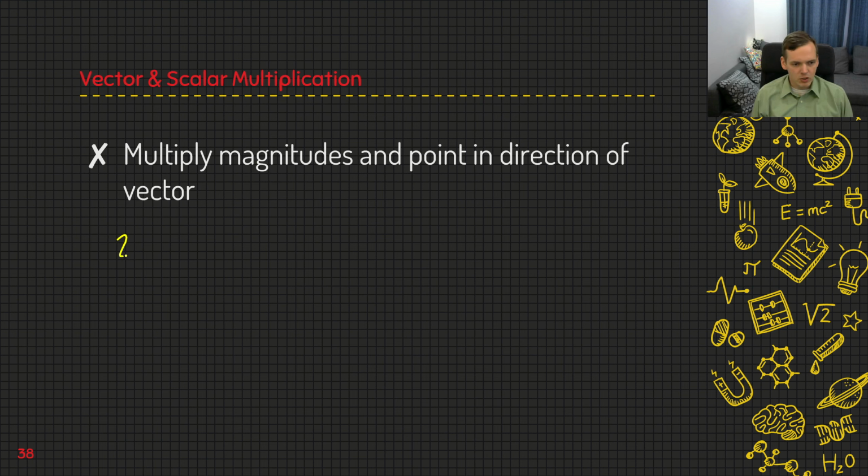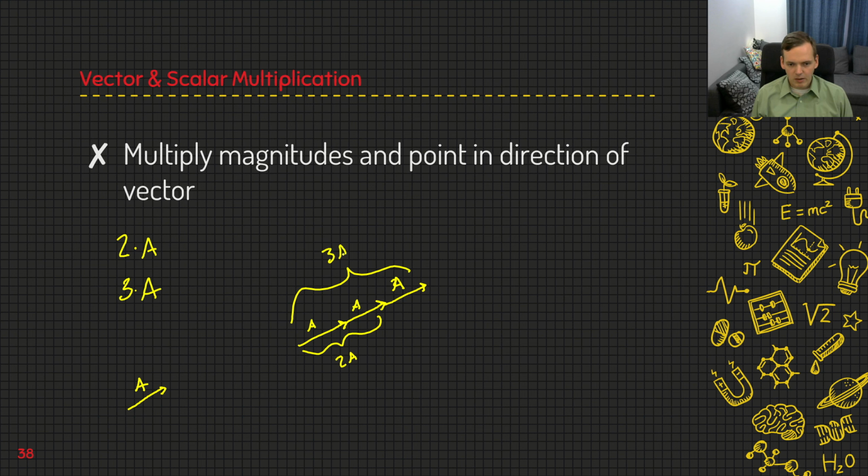So if I do 2 times A or 3 times A, and my A is this vector here, well, 2A would just be put 1A and then put a second, right? Just like when you first learned multiplication, it's just a bunch of A's added together, 2 A's added together, or 3 A's added together, right? So this here is 2A, and this here is 3A.